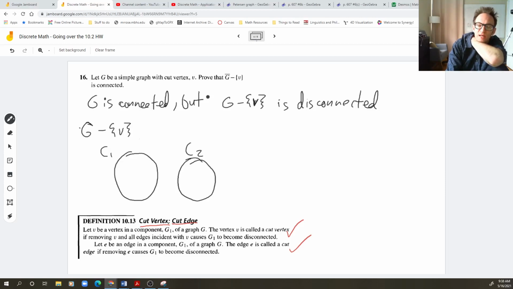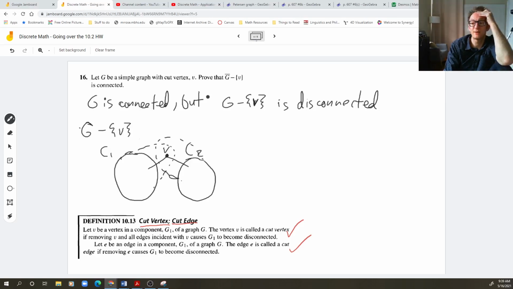Pictorially, it must be the case that this vertex V that we deleted had to be either outside of components C1 and C2 but with connections to both, or possibly inside component C1 or inside component C2 in such a way that removing it removed the only connection to the other vertices in components C1 and C2. So hopefully this picture makes some kind of sense.